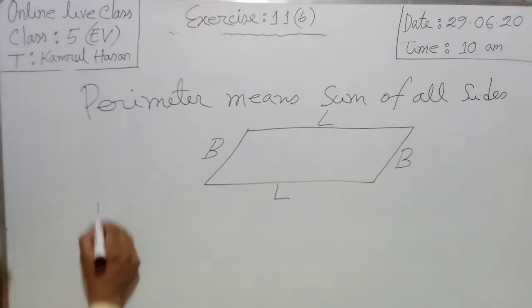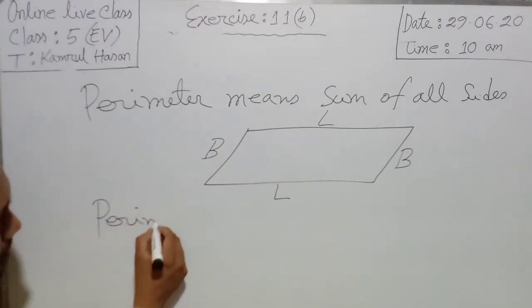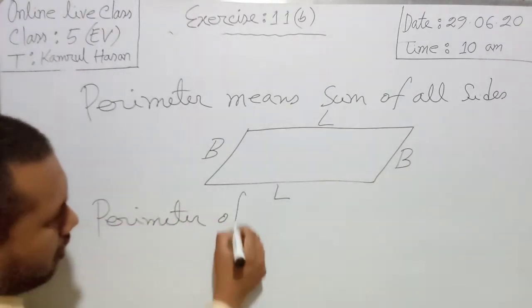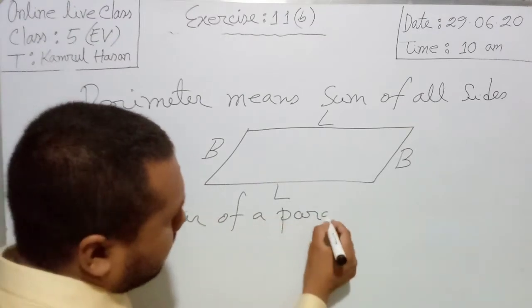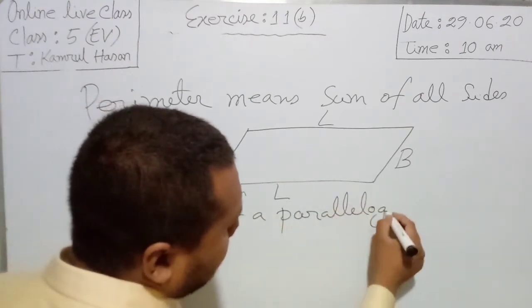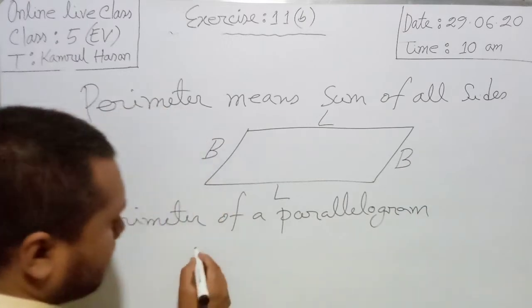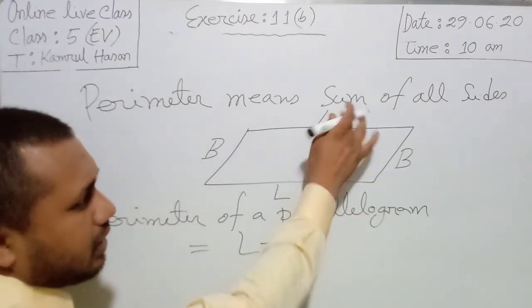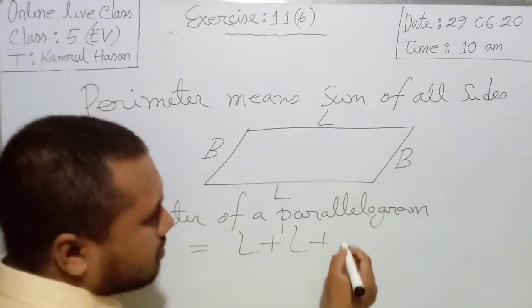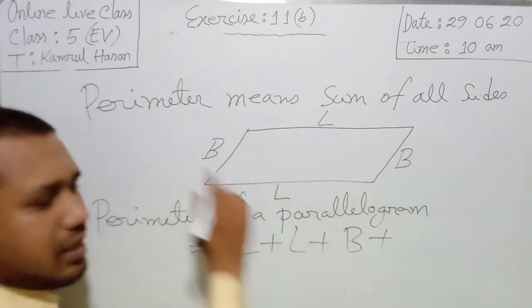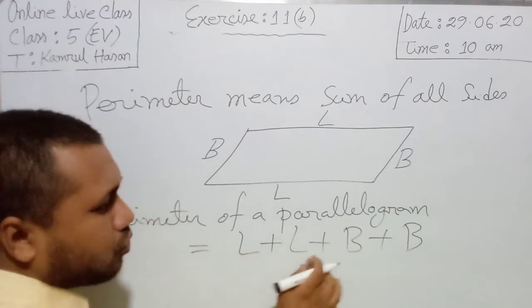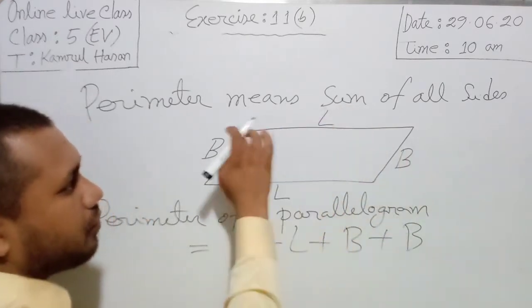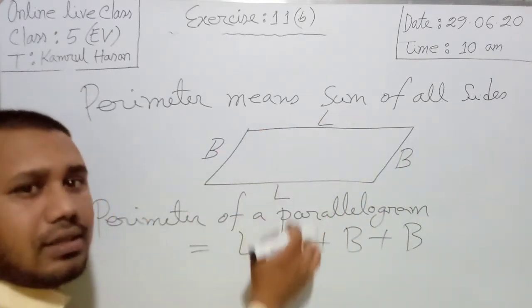So what will be the perimeter of a parallelogram, the sum of all sides? That means length plus another length plus breadth plus another breadth. So 1, 2, 3, 4. These 4 sides: 2 length and 2 breadth.